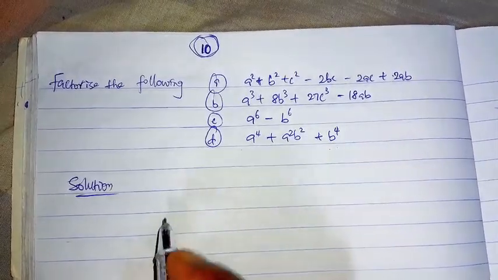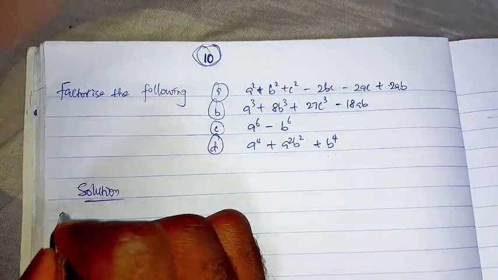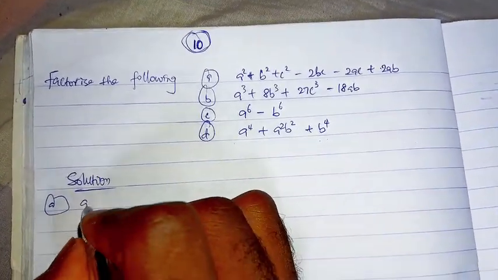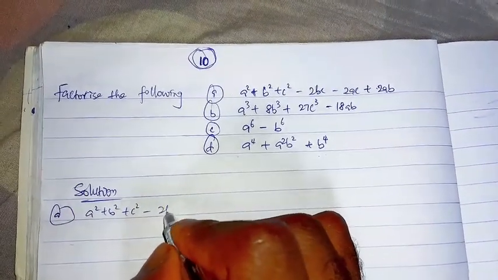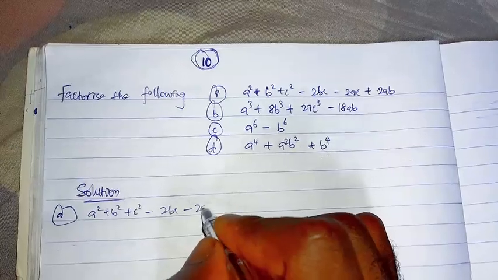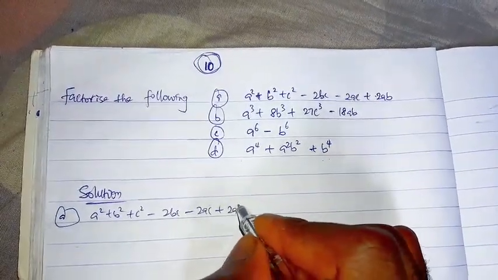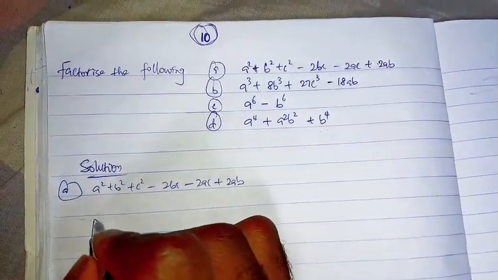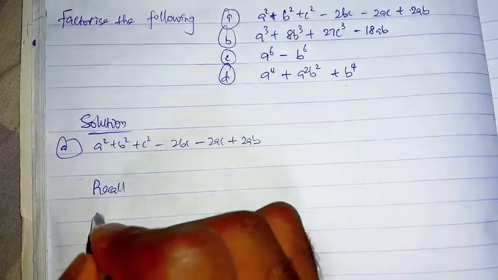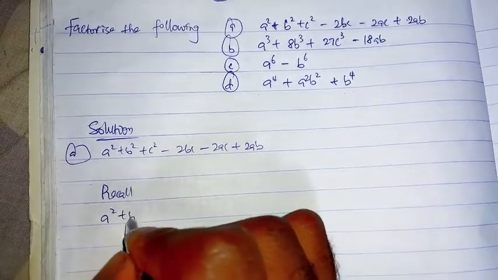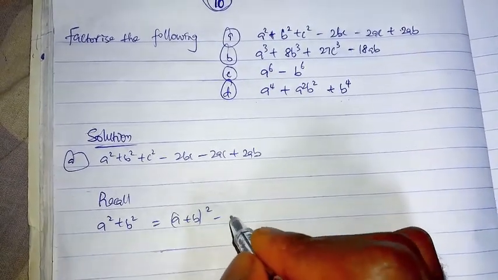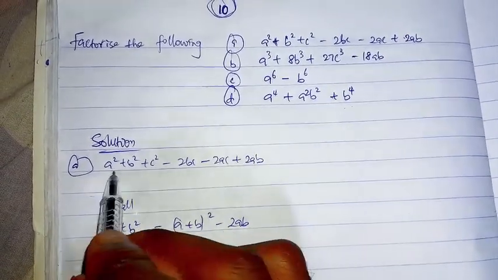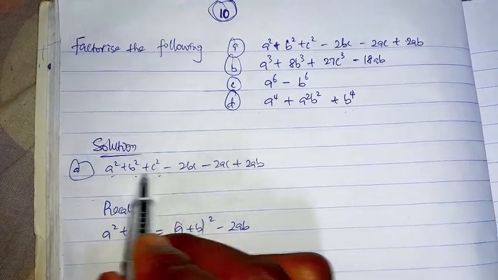Now, for A question, we have a squared plus b squared plus c squared minus 2bc minus 2ac plus 2ab. Now, recall, for ordinary a squared plus b squared, we say it's the same thing as a plus b all squared minus 2ab. Here I have a squared, b squared, c squared, and then addition.